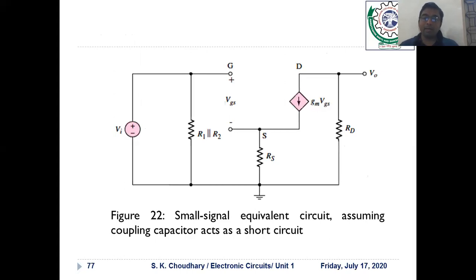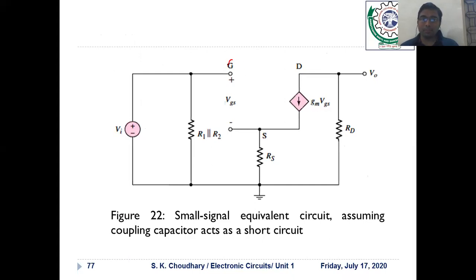So this is the equivalent circuit of the common source amplifier with source resistor. You have to note it down. It is a little bit different from the previous one. So how to draw this? Again, the same procedure. First of all, you have to draw the transistor equivalent circuit.